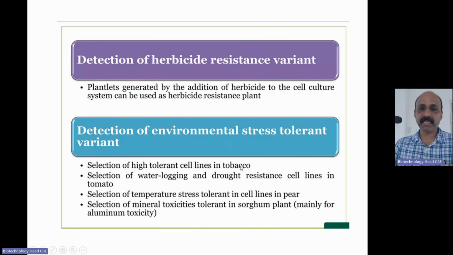So these are examples that have been done in tobacco, tomato, or high temperature tolerance in pear, or mineral toxicity, aluminum toxicity, in sorghum plant. So such types of stress can be introduced and selected by applying those stress agents.